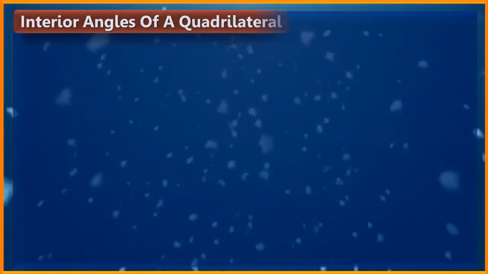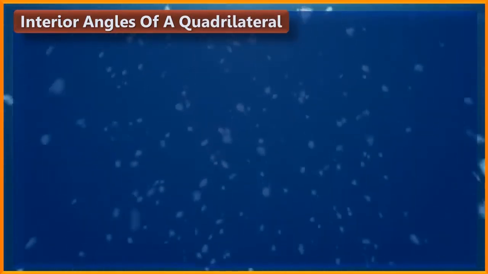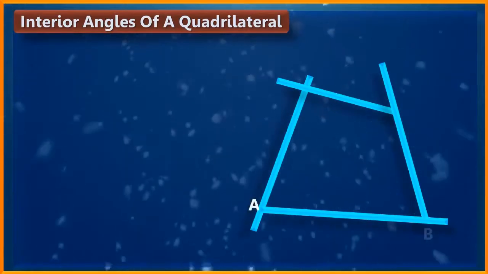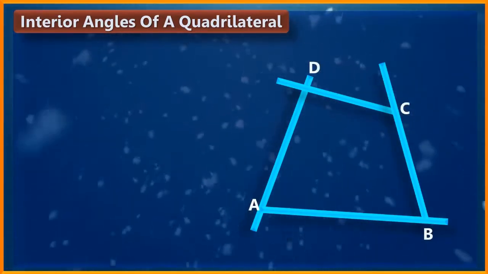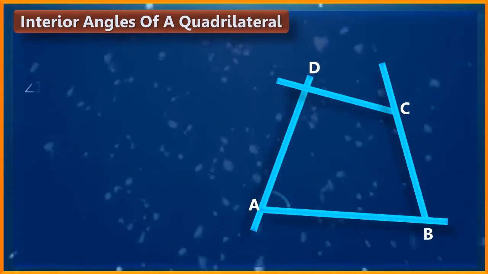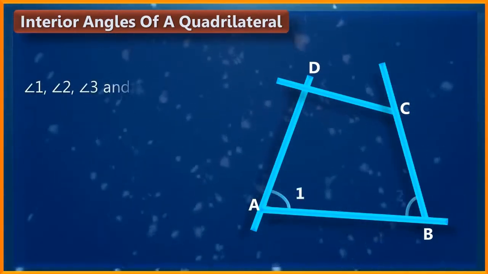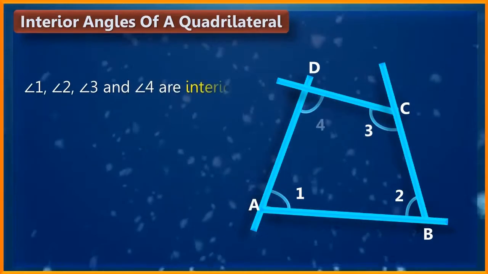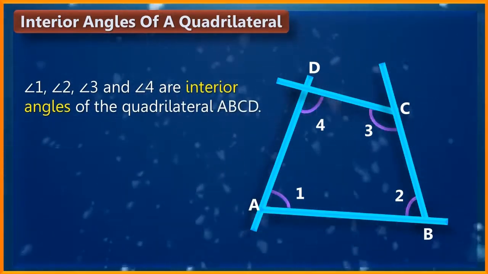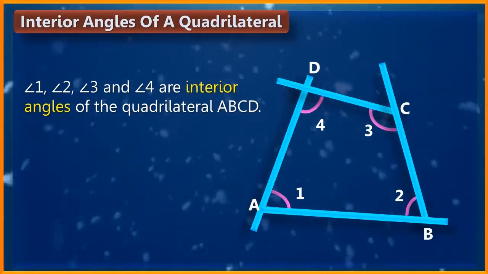Interior angles of a quadrilateral. In a quadrilateral ABCD, the angles which lie inside the boundary of the quadrilateral are called the interior angles. For example, angle 1, angle 2, angle 3, and angle 4 are interior angles of the quadrilateral ABCD.